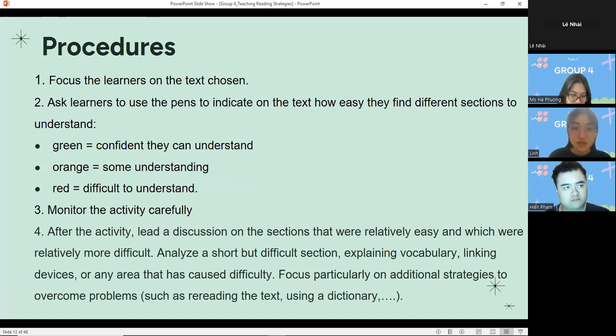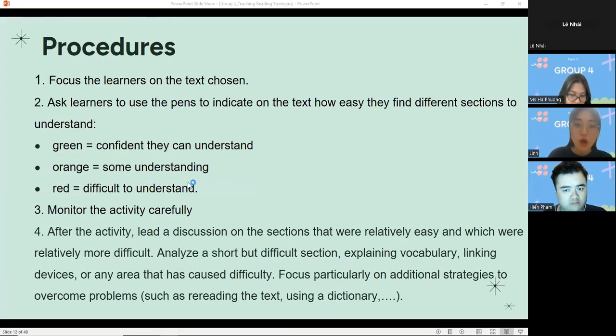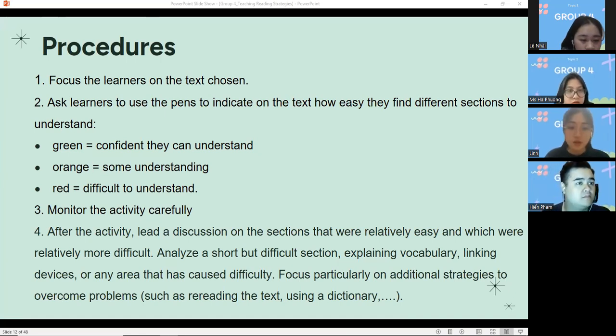About the procedures of this strategy, the first step is that we focus on the text that we choose for the learners and ask them to use the pen to indicate on the text how easy they find different sections to understand, with the agreement that green means they can confidently understand the text, orange or yellow means some understanding, and red implies that they find the text difficult to understand.